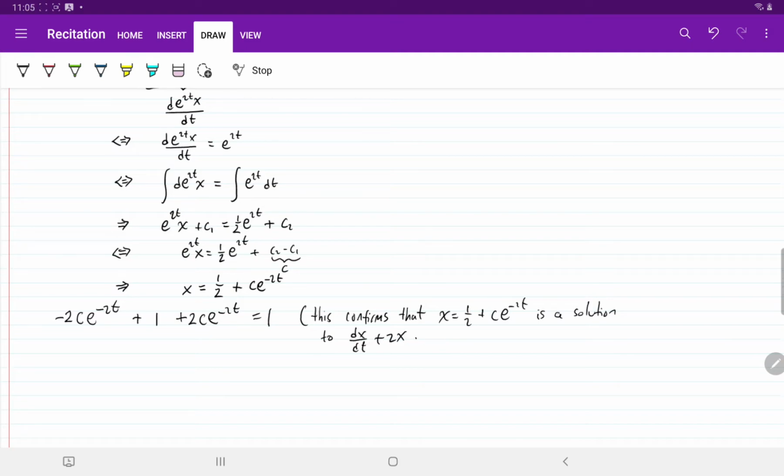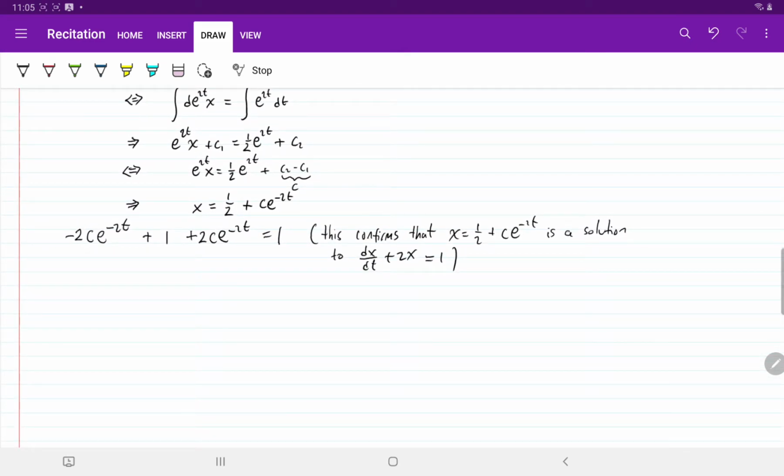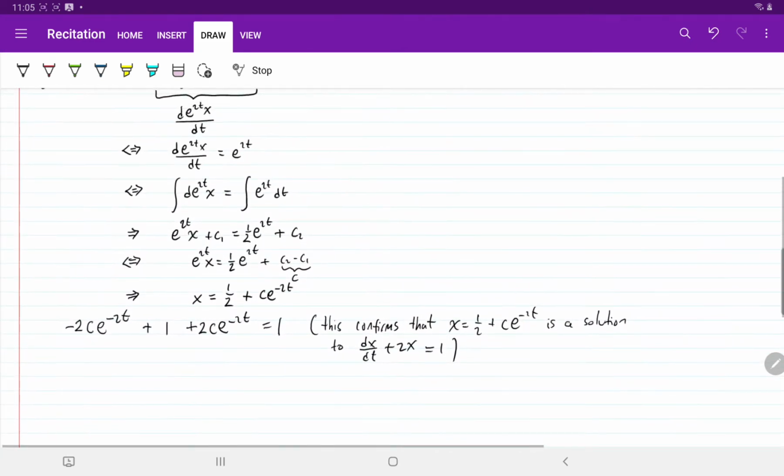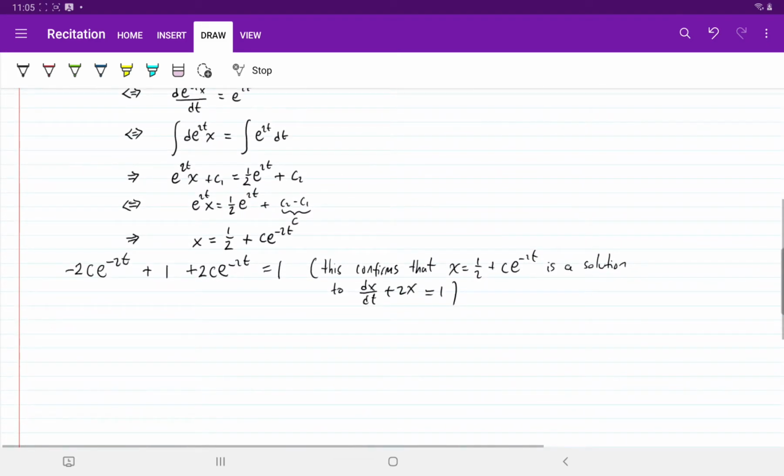Okay, so to find c, we use the initial condition x(0) = 5. We know x equals 5 when t equals 0, right? So 1/2 plus c e^(-2 times 0), and e^0 is 1.